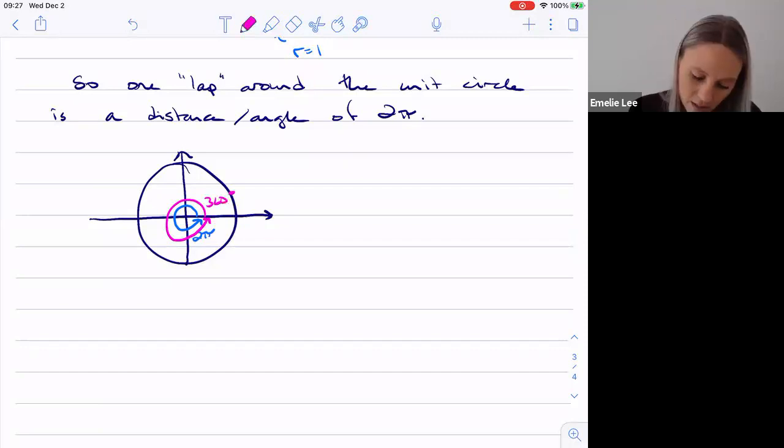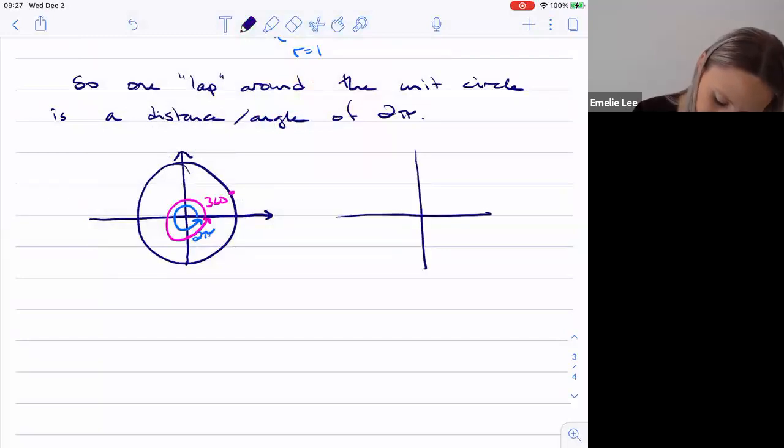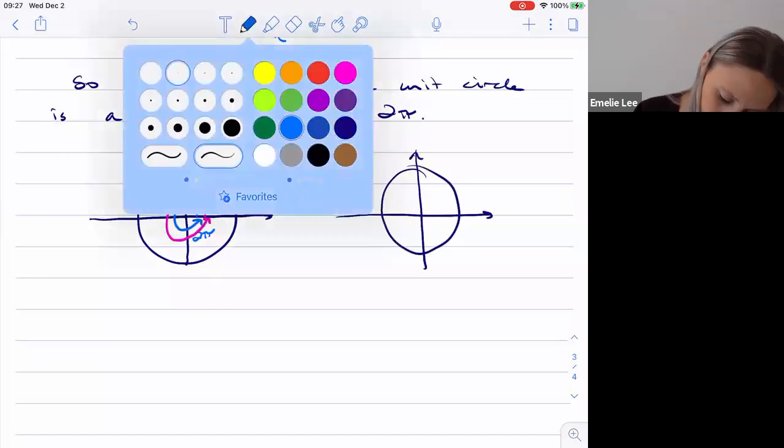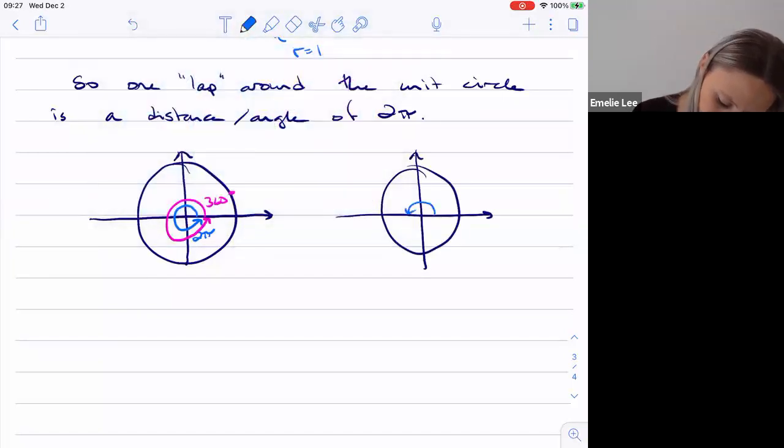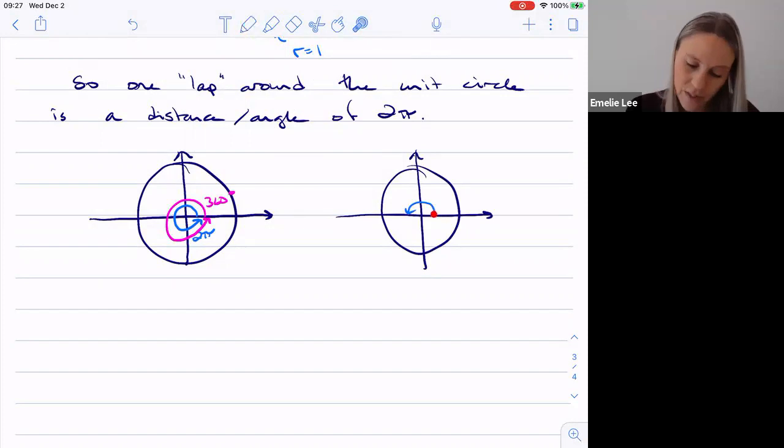What if I wanted to talk about just half the circle? Notice that we're starting here on the positive x-axis and then my angle is going to here. A full rotation is 2 pi.